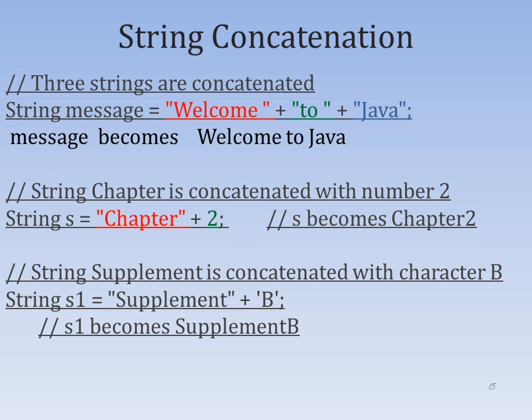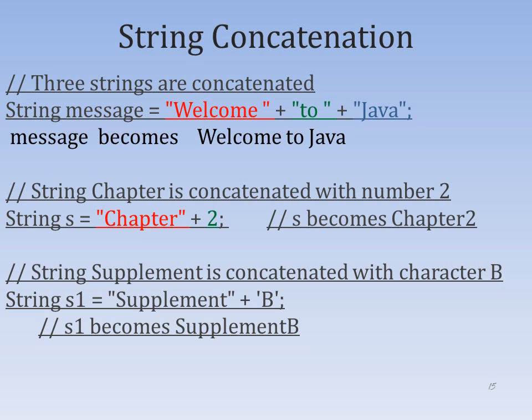Alright, this gives examples of 3 different concatenation scenarios. One of the things it does illustrate is that we use the double quotes for a string, and the single quotes for a character.